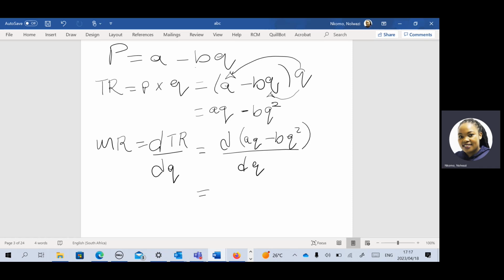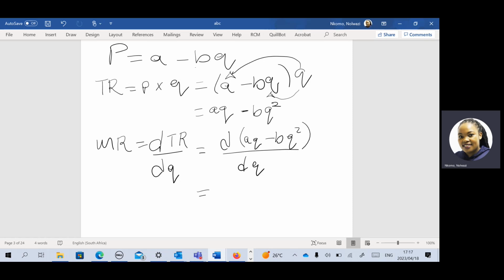To find the derivative of this, it's easy because we can use the power rule, the first rule we did under differentiation. That's what we'll apply here to find the marginal revenue.